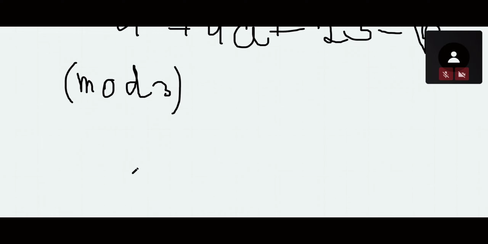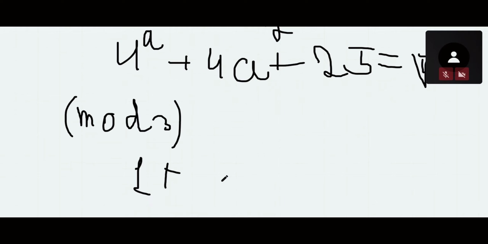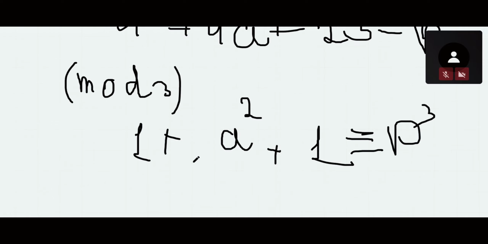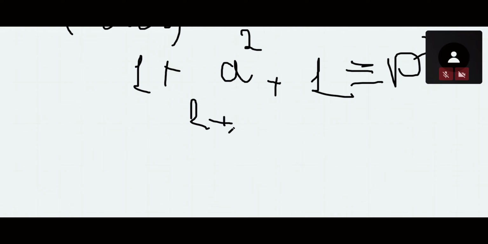This one will be 1 to the power of a, which makes 1, plus 4a squared, which makes 1 times a squared, we don't know about it because it stays a squared, plus 25 divided by 3, again the remainder is 1, equivalent to p cubed. So 2 plus a squared is equivalent to p cubed.